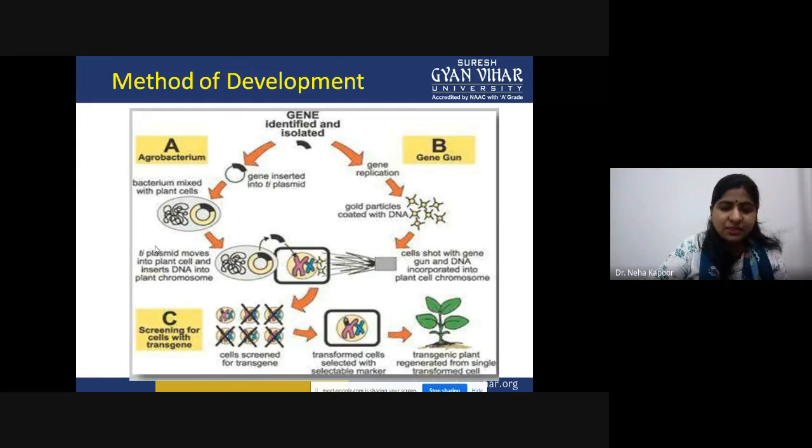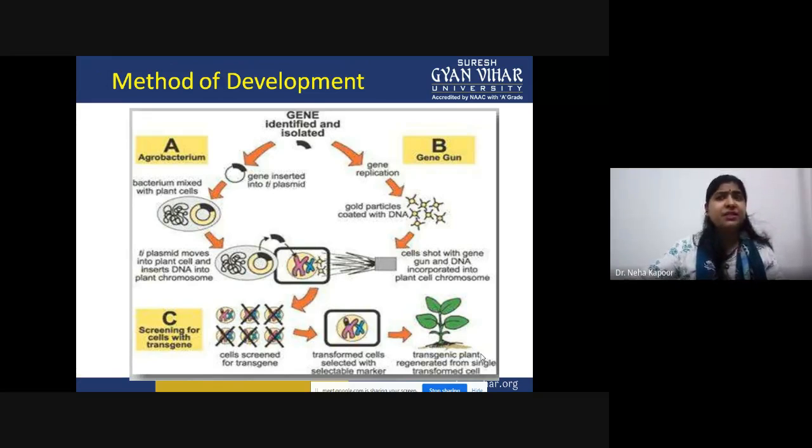So once this insertion is complete, the screening of the cells with transgene would happen, to see which of the plant cells has received the gene of interest. As you can see, there are many crosses, but there is only one cell that has received it. This cell would be selected and a transgenic plant would be regenerated from this single transformed cell, and from there it can be used as an edible vaccine.